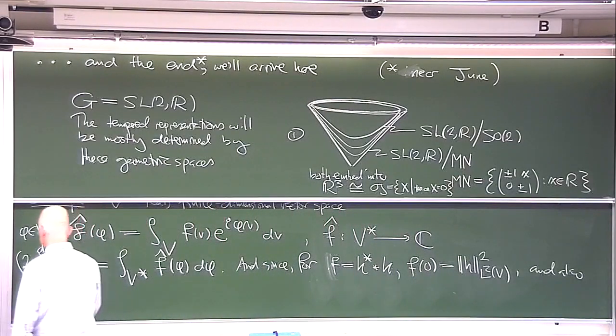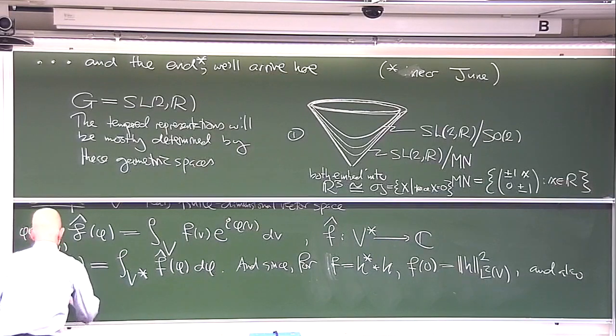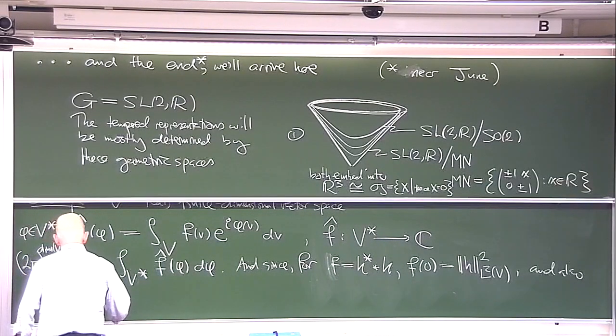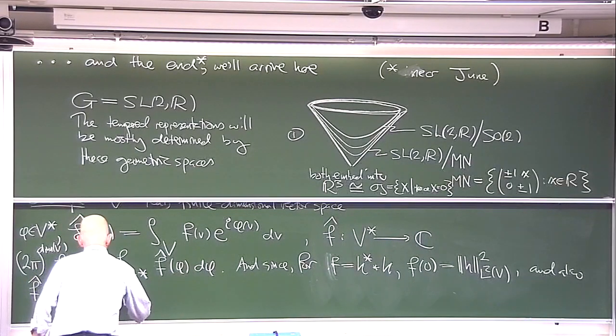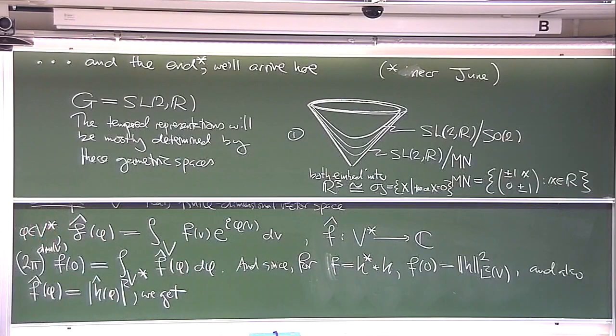Secondly, if you calculate the Fourier transform at any point of phi, what you find, it's easy to do the calculation, is that this is just the absolute value of h hat of phi. If you put these things together, you get a formula out of this.